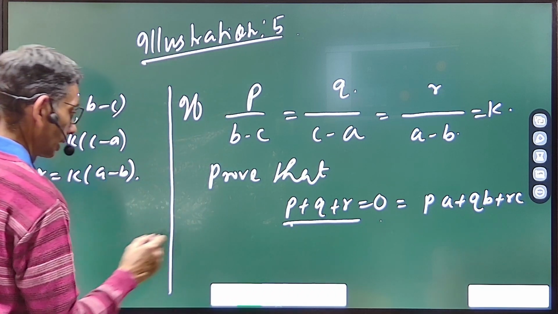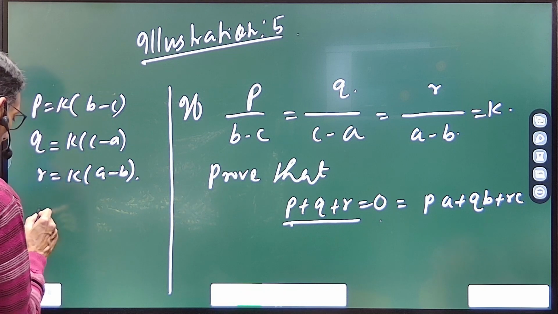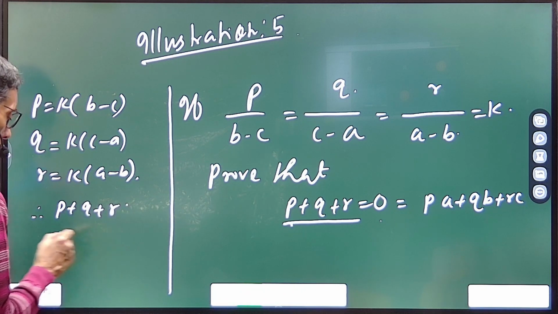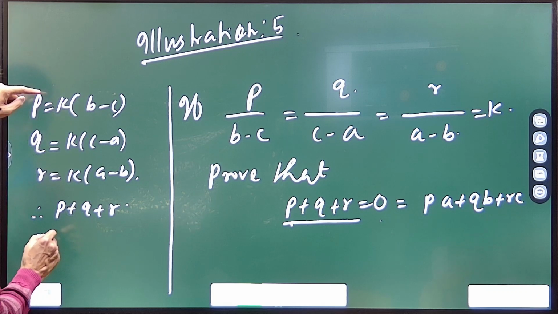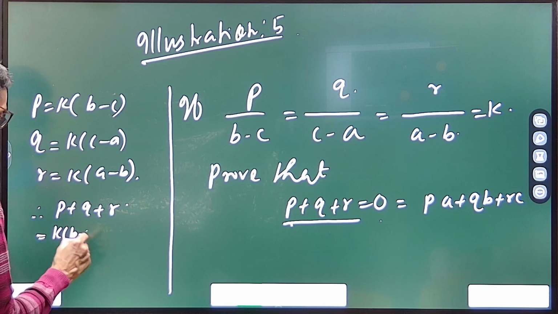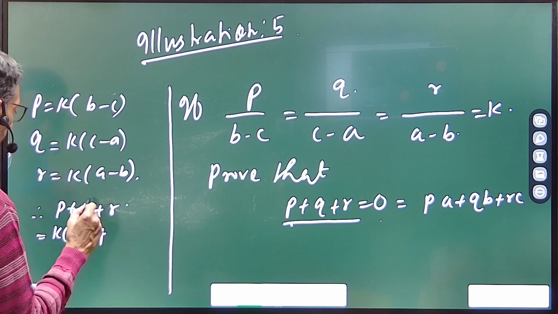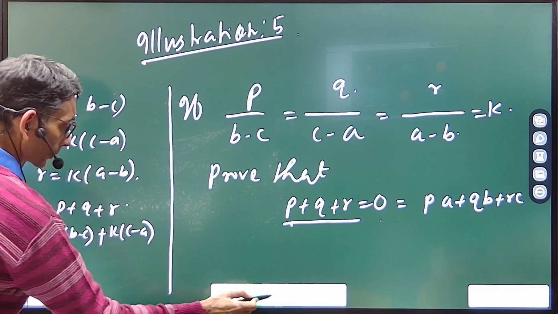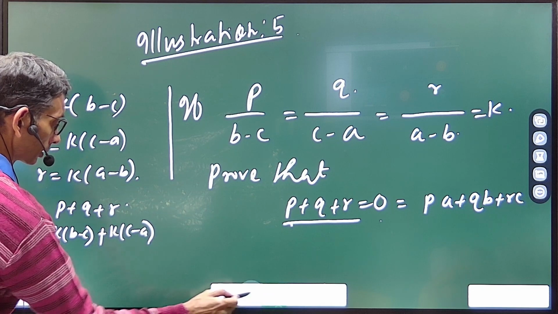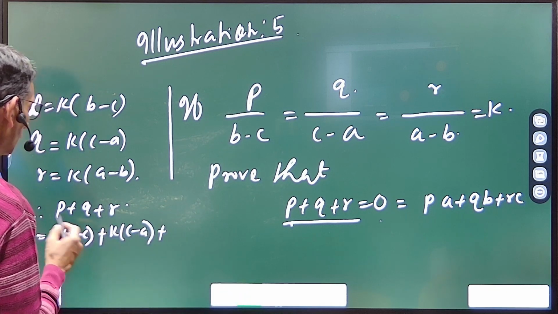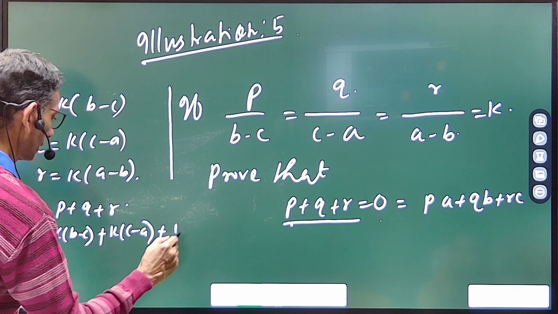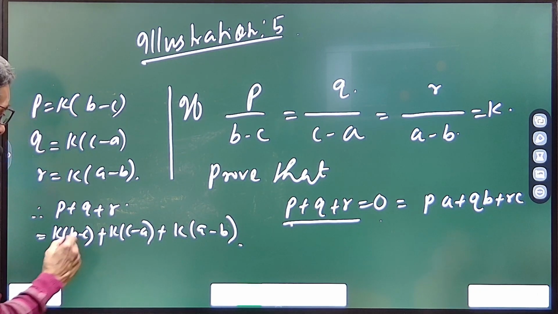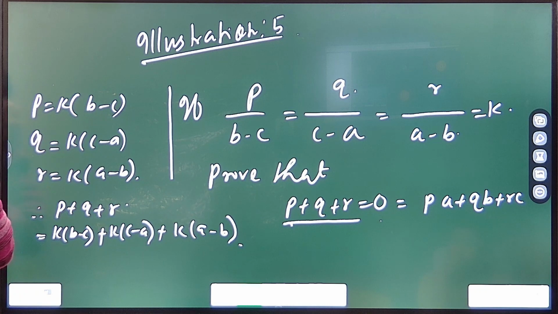So we'll just write the value. Therefore P plus Q plus R. P value is K times B minus C, and Q value is K times C minus A, plus R value is K times A minus B. So this is a trinomial, meaning there are three terms.